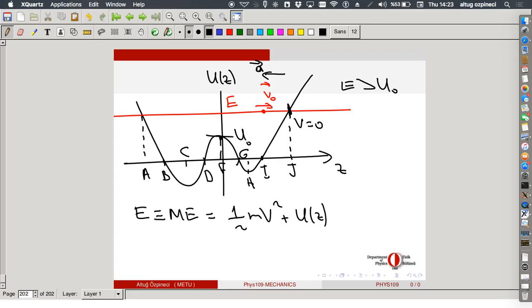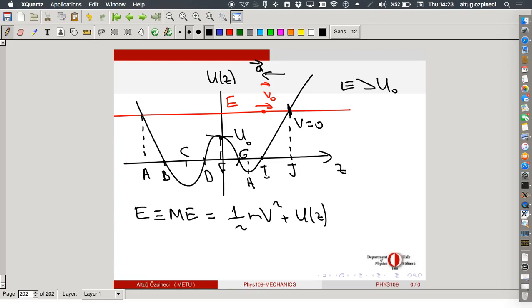Now, until the point A, the potential energy will decrease, and the acceleration will be in the direction where the potential energy decreases. That also tells me that the force should be in that direction. The force acting on my object should be in the same direction. We will come to the force in a moment. Now, from this point A to this point F, it's moving in this direction.